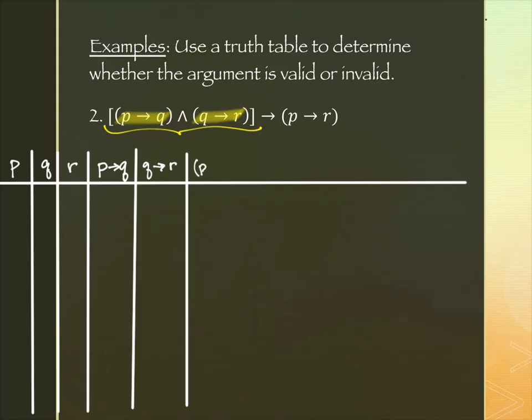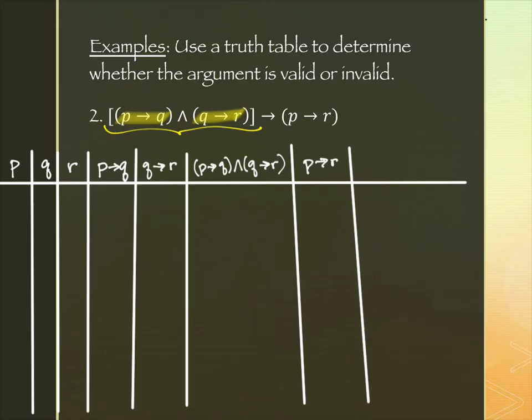So I'm going to do that in this order. So I've got P implies Q and Q implies R. If you don't do that now, you'll do it next. So you're probably going to reverse the two columns of what I have if you've chosen to do P implies R next. So I am going to do that next then. I'm going to do my P implies R. And then the last column will be the same, whether you reversed my previous two or kept them the same. What will the last column be?